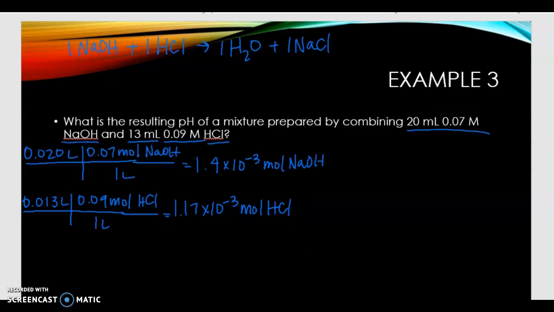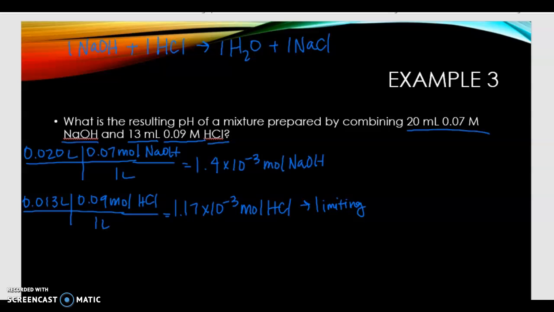Now, we have a 1-to-1 ratio in our equation, which means these are the exact amounts that have to be used. And so we can compare them and see which of the two are smaller. 1.17 compared to 1.4 is a smaller number, so our HCl is going to be our limiting factor. And there will be some NaOH that is going to be left over.